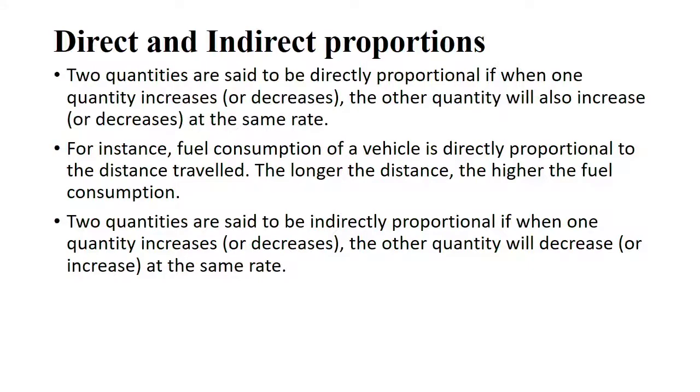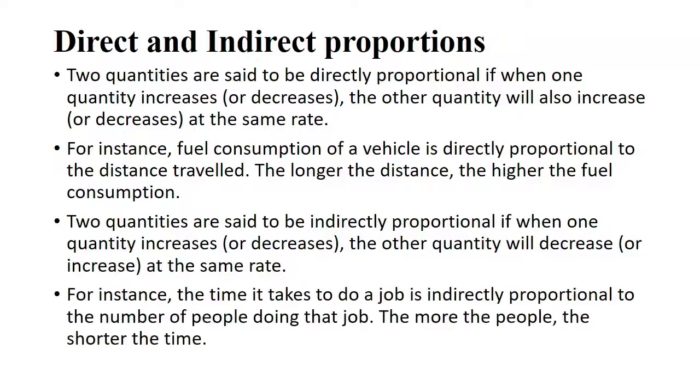Direct, they are going in the same direction. When one goes up, the other one also goes up. When one goes down, the other one will also come down. But for the indirect proportion, we have that when one goes up, the other one will come down, while when this one goes down, this one will go up, but at the same rate in both cases. An example of indirect proportion is, suppose you have a job that you want done.